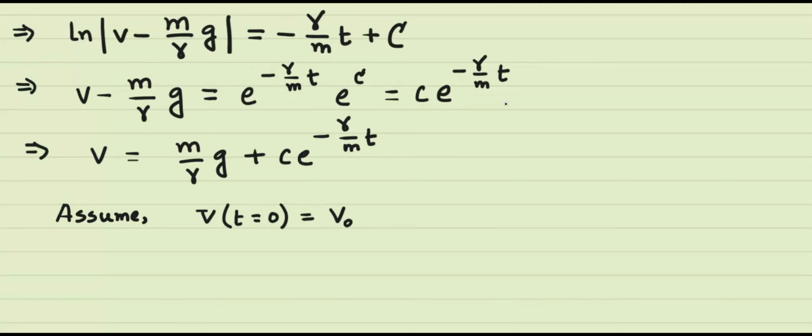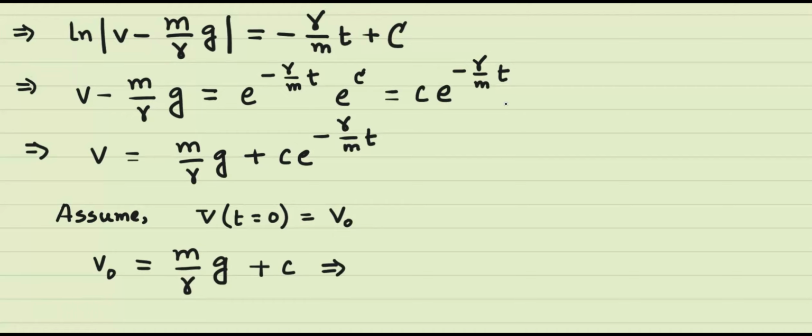So if that is the case, and if we insert that into this equation, what do we get? At t equal to 0, v equals v naught. On the right hand side, we get m divided by gamma times g, and then plus c, and then e to the power negative gamma divided by m times 0, so e to the power 0, which is just 1.